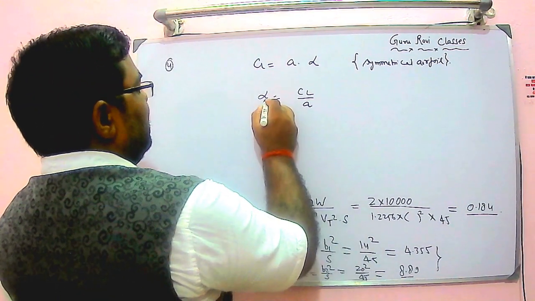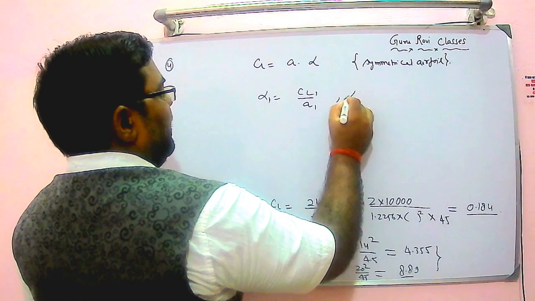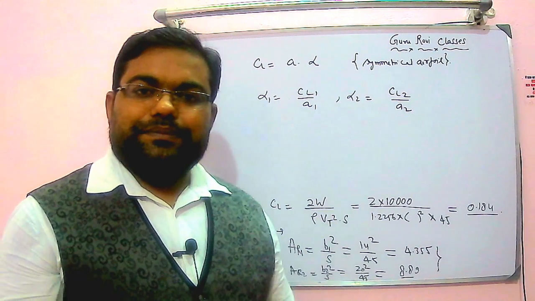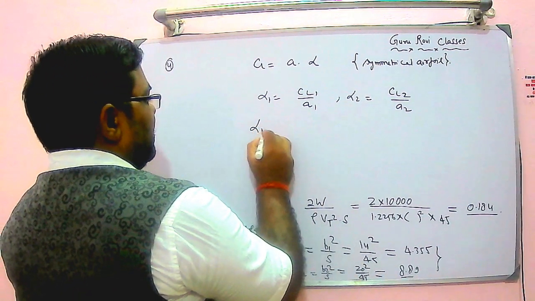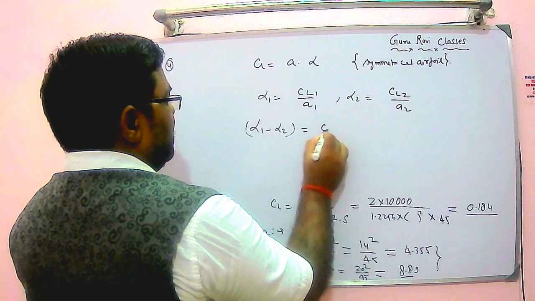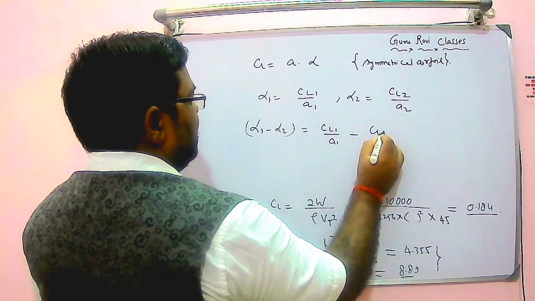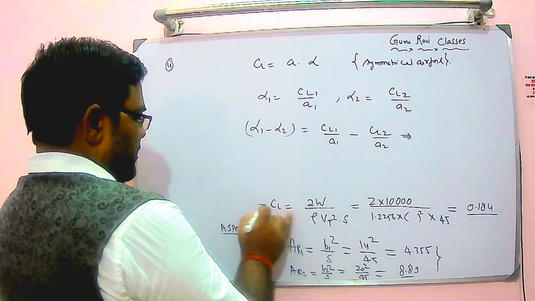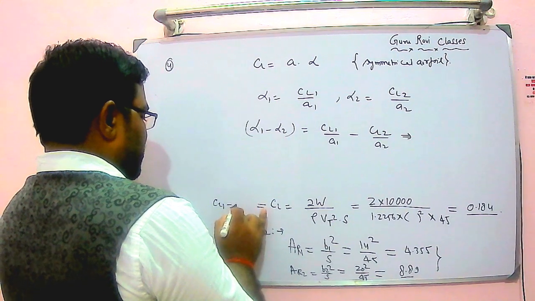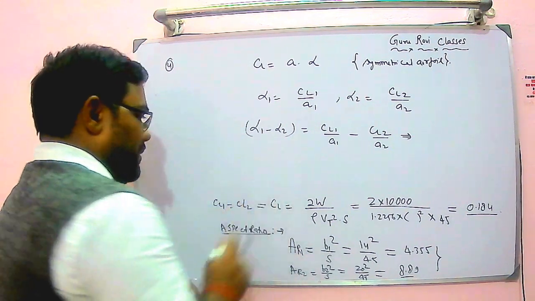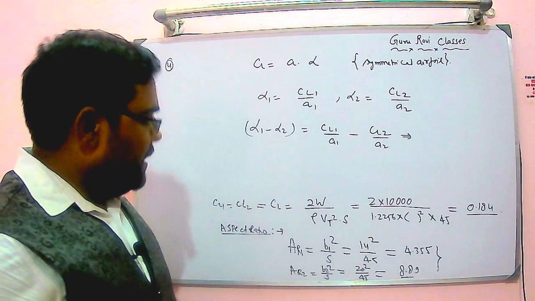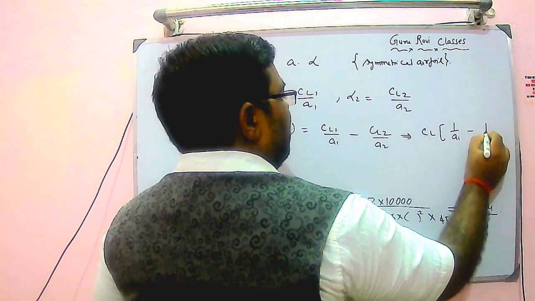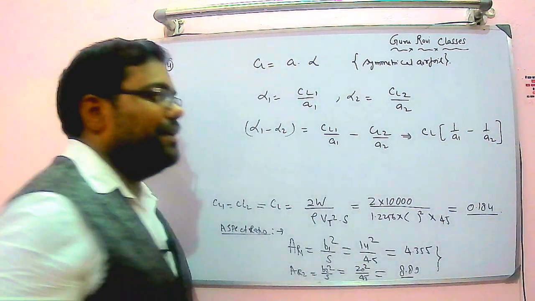So alpha 1 is CL1 by A1, and alpha 2 is equal to CL2 divided by A2. Can I say? Yes. So alpha 1 minus alpha 2 can be written as CL1 divided by A1 minus CL2 divided by A2. But we know CL is the same for both. CL1 is equal to CL2 is equal to CL. So CL is common, so I can say CL times 1 by A1 minus 1 by A2. Clear? Can I write like this?